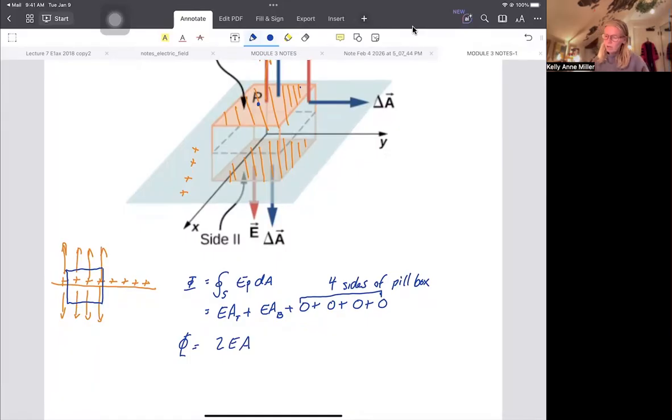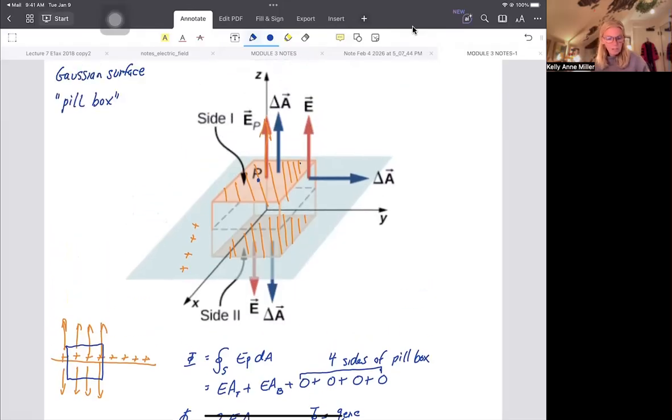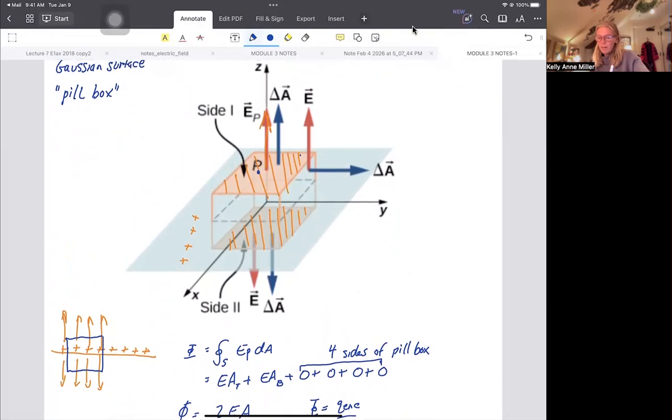So that's one way of expressing flux, and the other way is to say that it's the Q enclosed divided by epsilon naught. It wasn't defined, but the way these problems are expressed, the charge is sigma, which is charge per area.